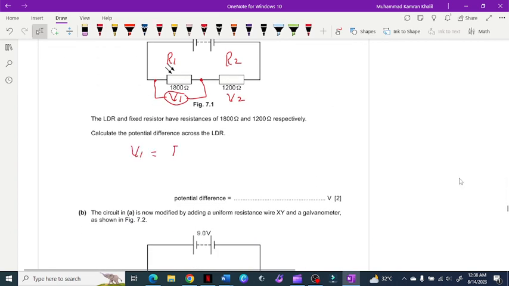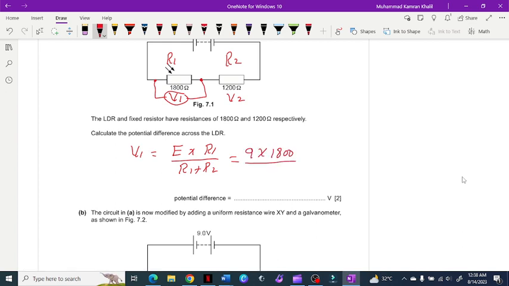The formula is V1 equal to E, which is the EMF, times R1 over R1 plus R2. So the value of E is 9, times 1800, upon 1200 plus 1800.